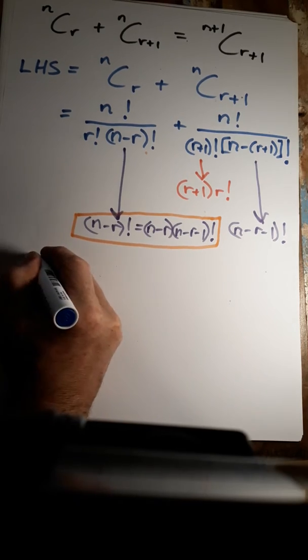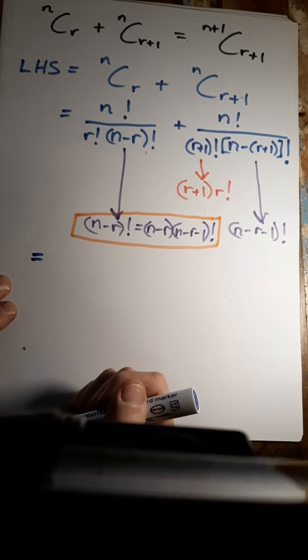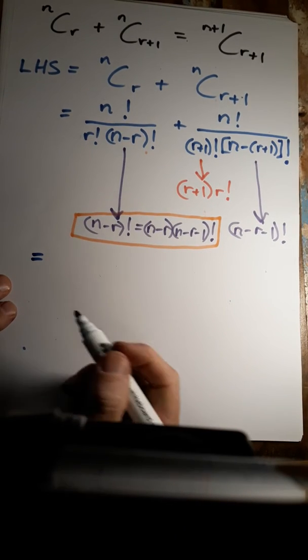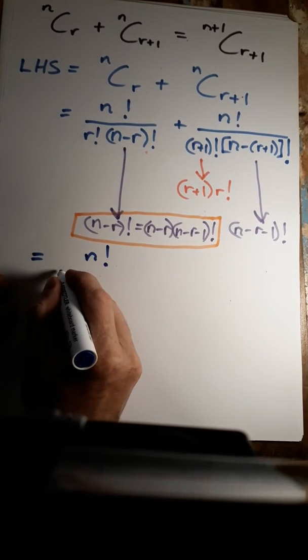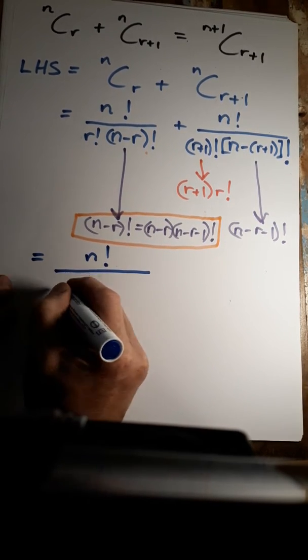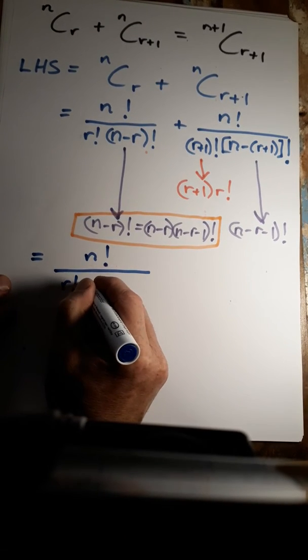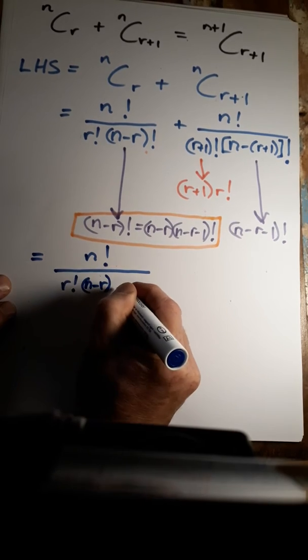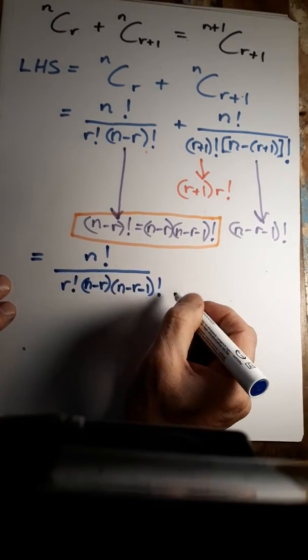This means that this fraction here and this fraction here can be put together with common denominators, but I'll write them out so that you can see how we're going to go about that. This is r factorial times n minus r times n minus r minus 1 factorial.